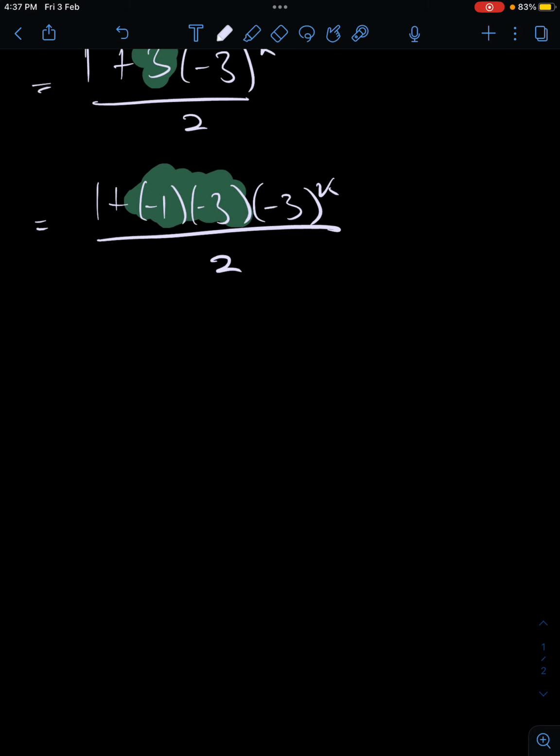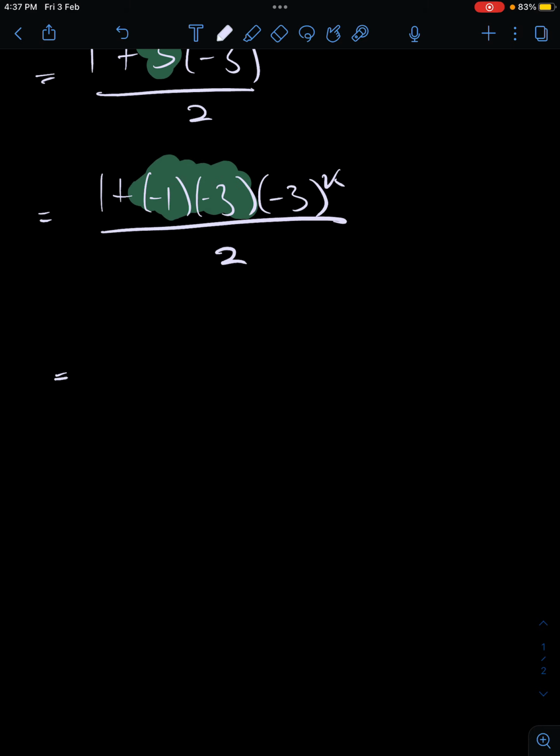But what we have done is made it a bit more clear to see, because now the -3, due to indice laws, can be multiplied up. Oh, sorry. -1 times -3 to the k plus 1.